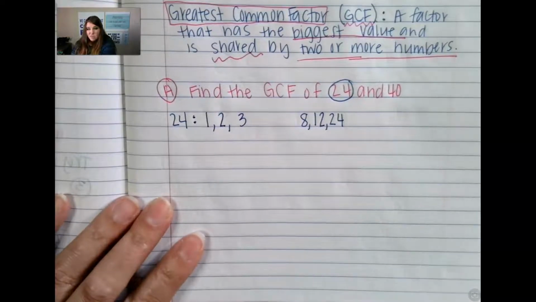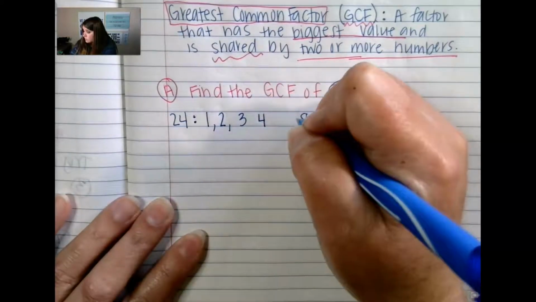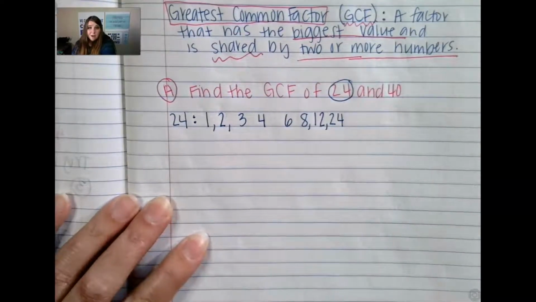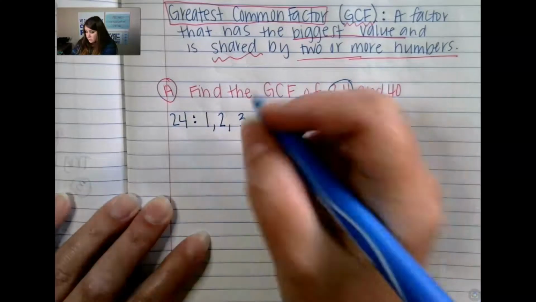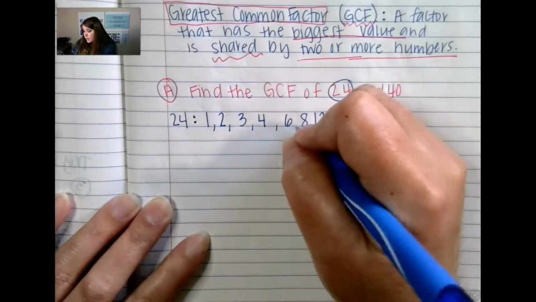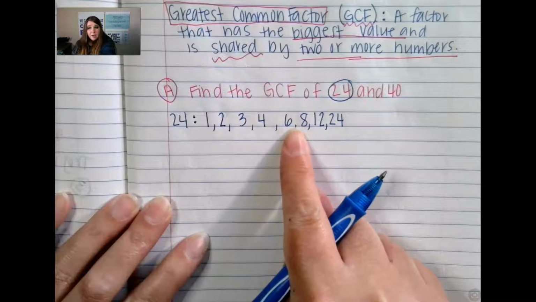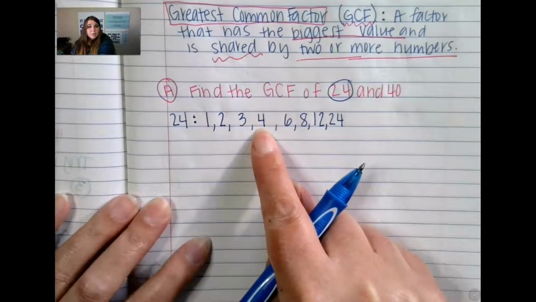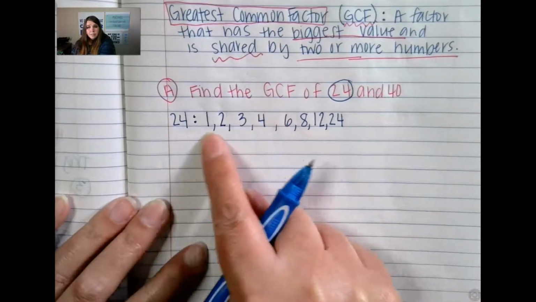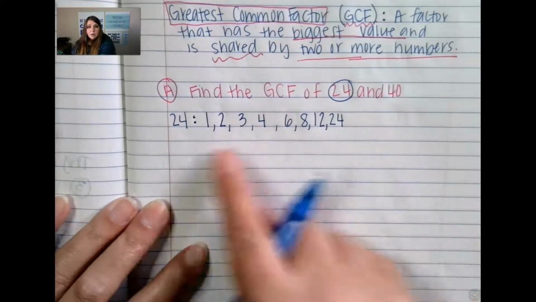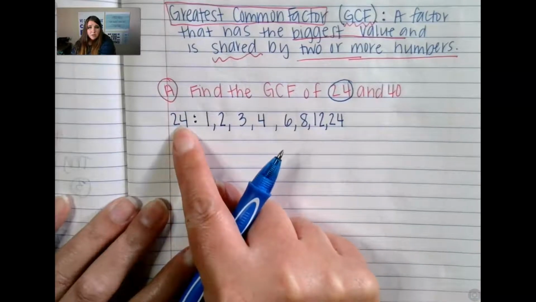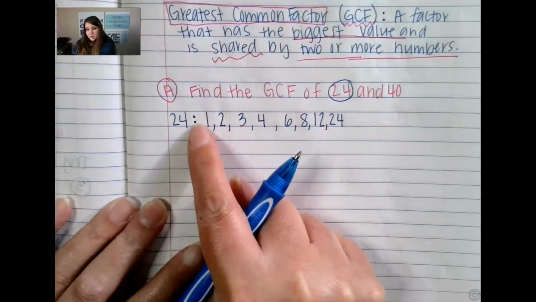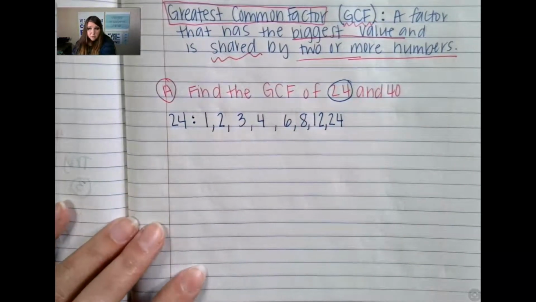And then I also know that 4 times 6 is 24. 5 is not a factor of 24, so we would not worry about the number 5. I would go back again to 6, but we've already listed it, so we don't need to list it again. These are the factors that equal 24. You could even turn the colon into an equal sign if that will help you.